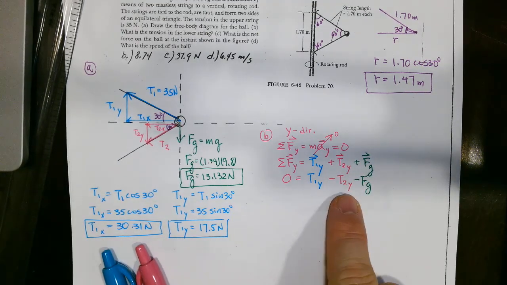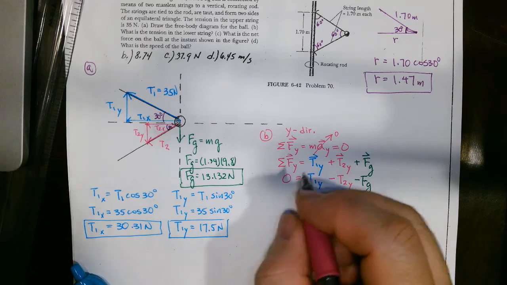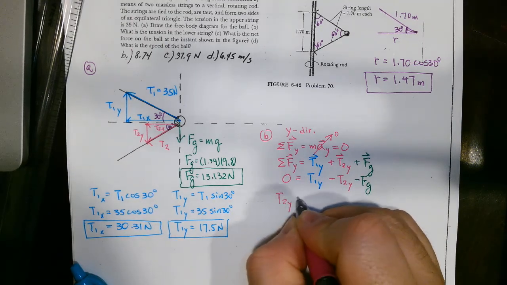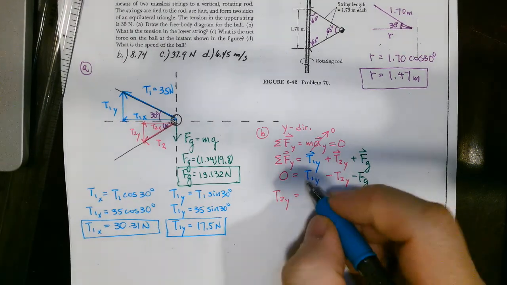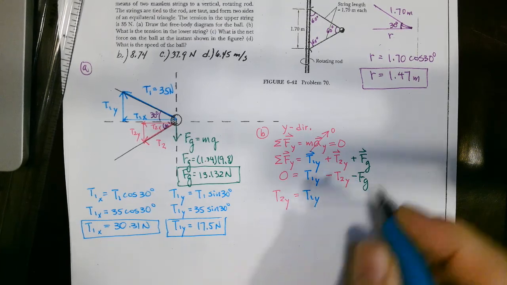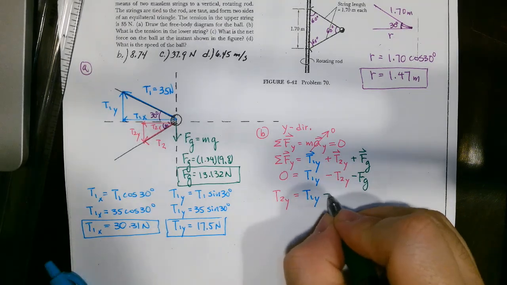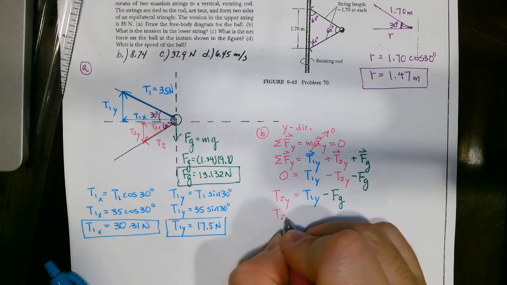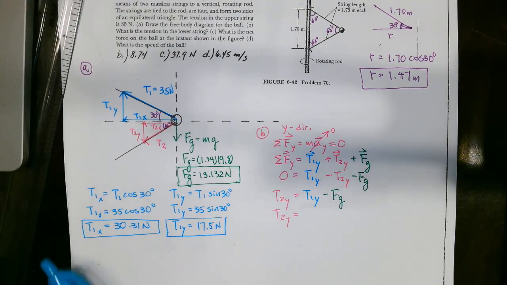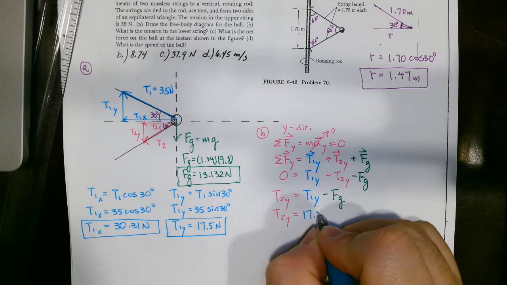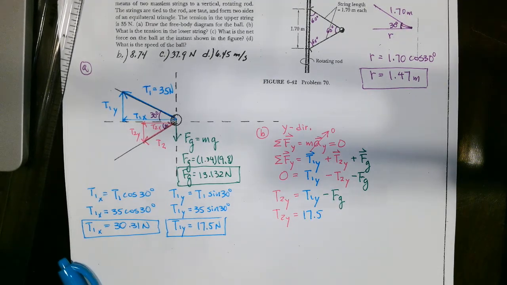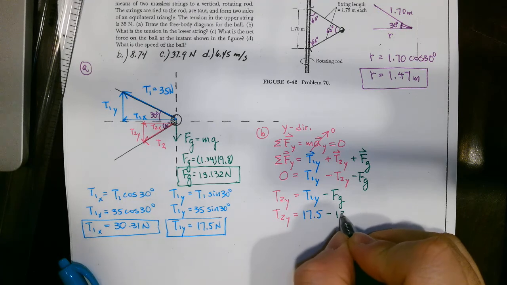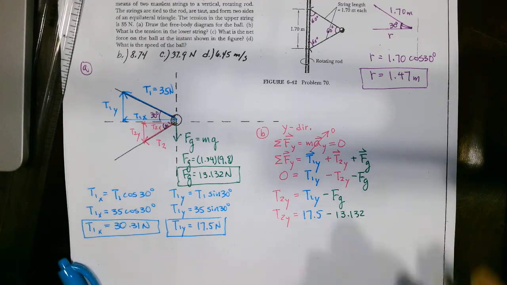So we know 0 is equal to T1y, we're going to keep that positive, T2y, we're going to make that negative, and Fg is negative. If we solve for T2y, T2y is equal to T1y minus Fg, which is 17.5 minus 13.132.